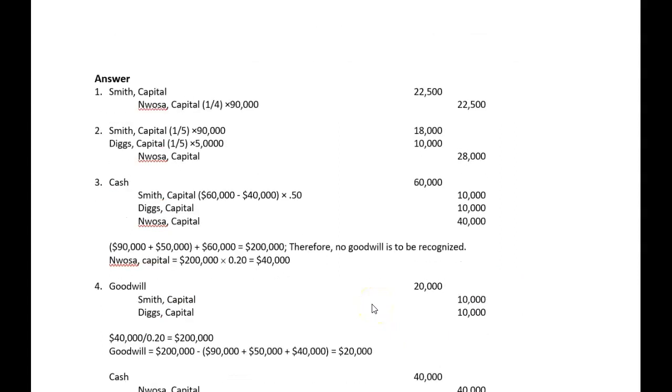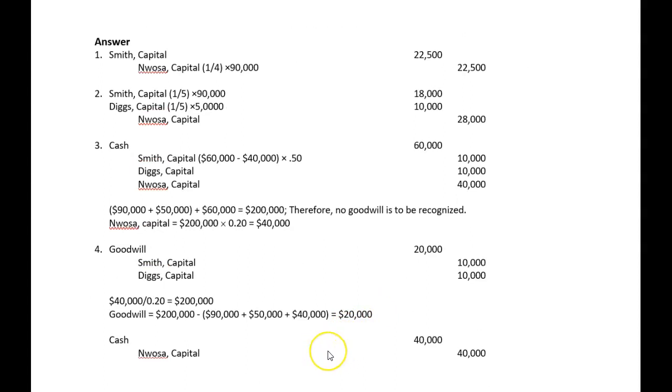If instead he is paying 40,000 for the 20%, that gives us a $200,000 overall amount for the value of the partnership, which is the same as previously, but calculated a little bit differently since he's only going to put in 40,000.